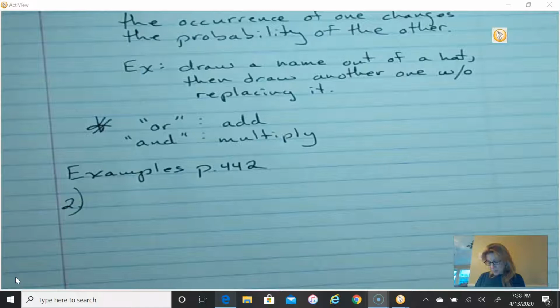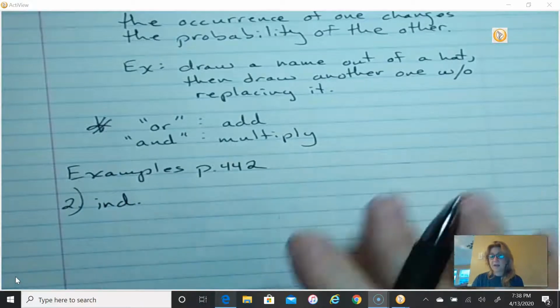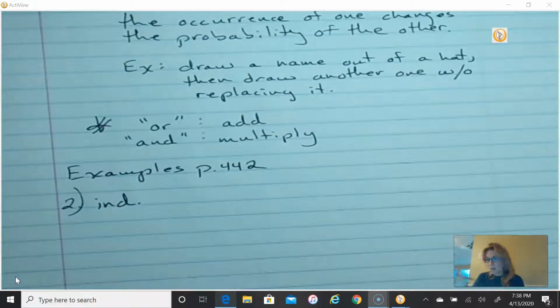So number 2, spinning a spinner twice in a row. Just spinning a spinner twice in a row. Okay, not changing it or anything. All right, that's independent because you're just spinning it randomly twice in a row. The first time made no effect on the second time that you spun it.